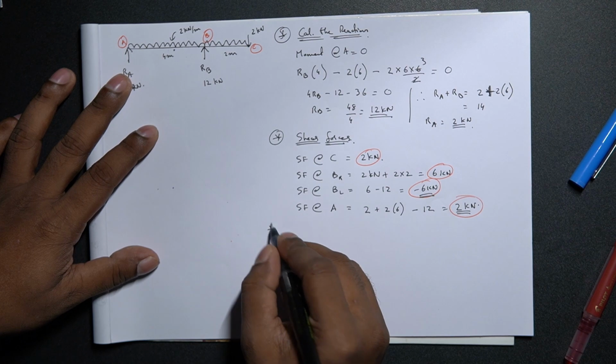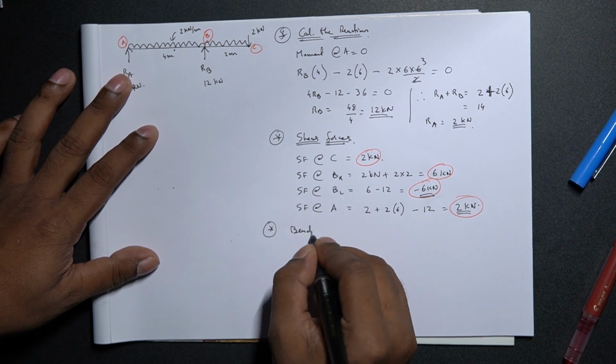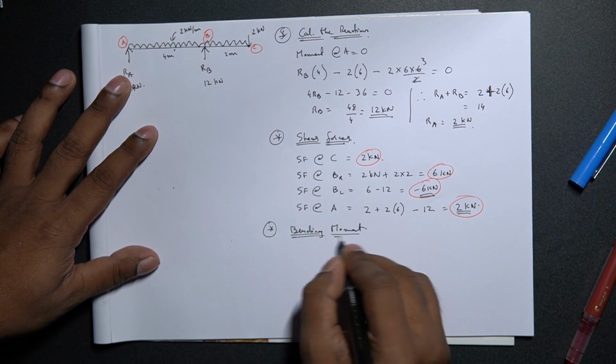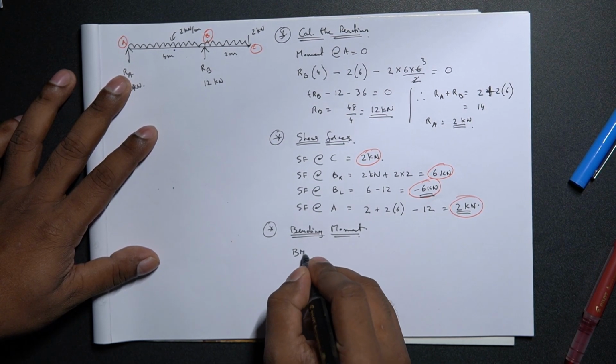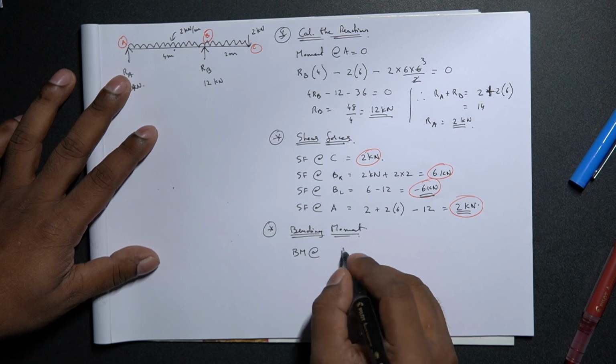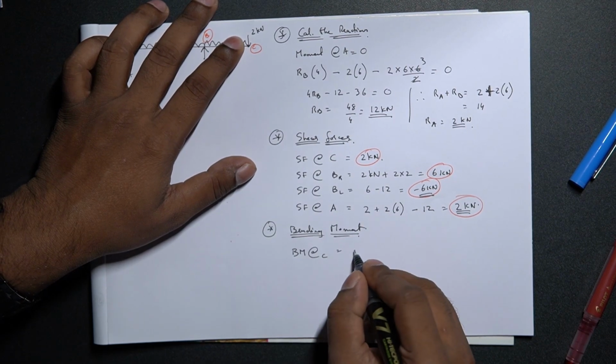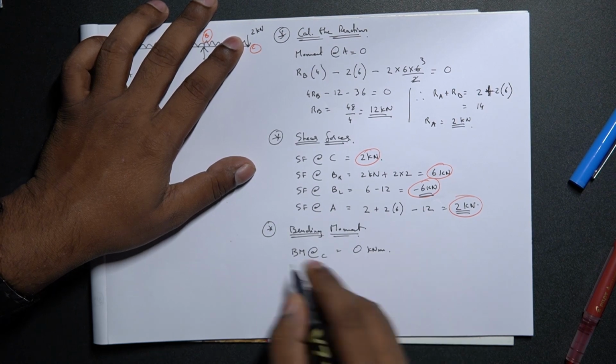Let's calculate the bending moment. Bending moment at C, since there is no lever arm over there, 2 into 0, that will be 0 kilonewton meter.